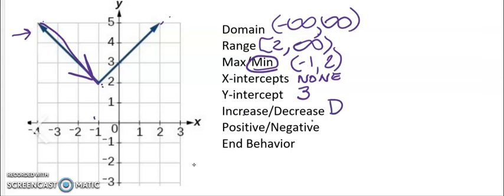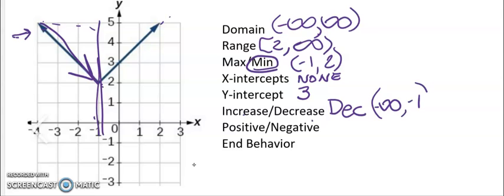So let's talk about the decrease. We're starting at -infinity, and we move till we get right here. This is where we change directions to -1. Then we increase because we turned around. Now we're going up. We're going up from that -1 to the rest of the graph, which is infinity.